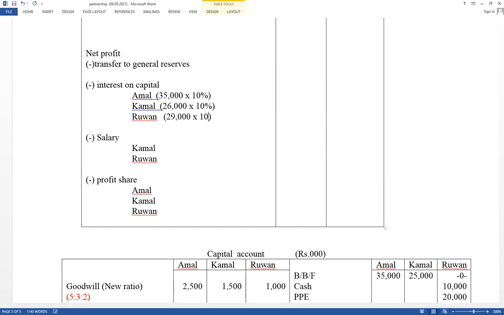Therefore, the zero can be cut: 3,500, 2,600, and 2,900.